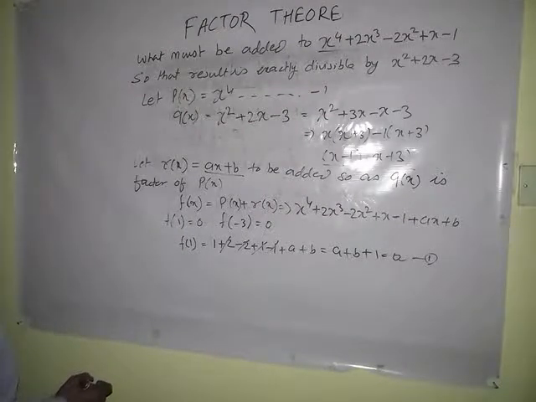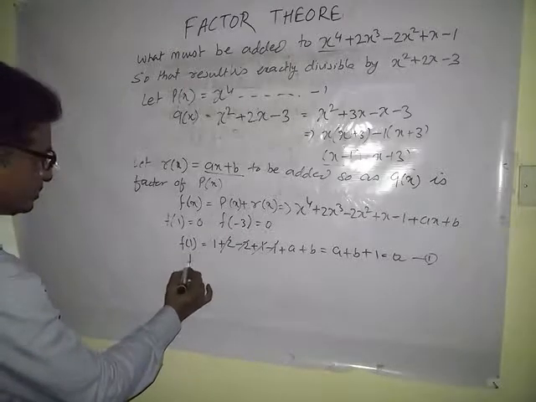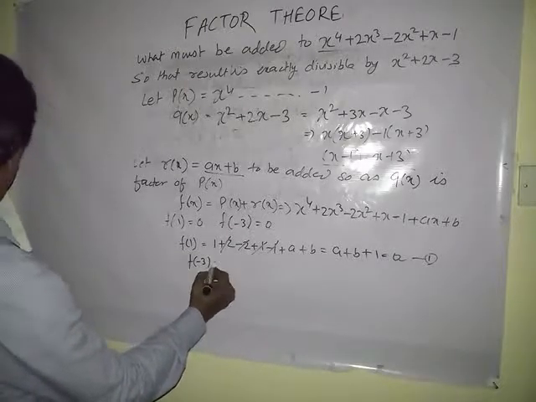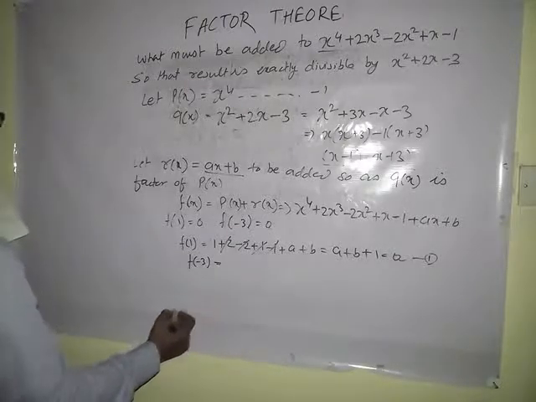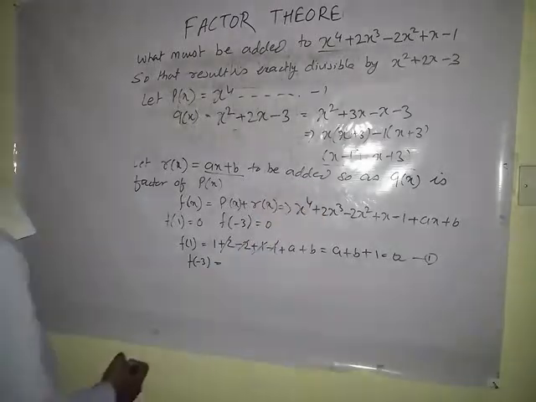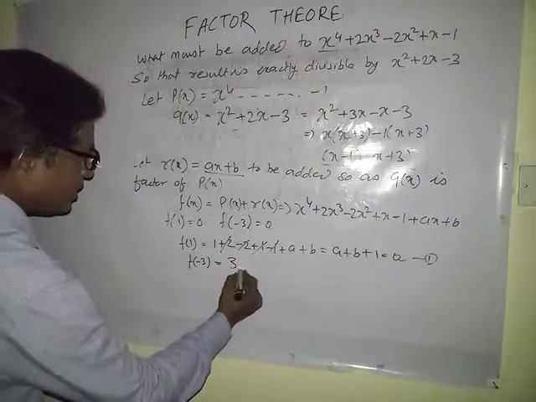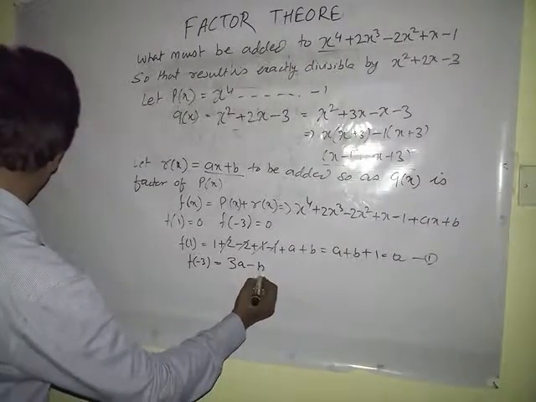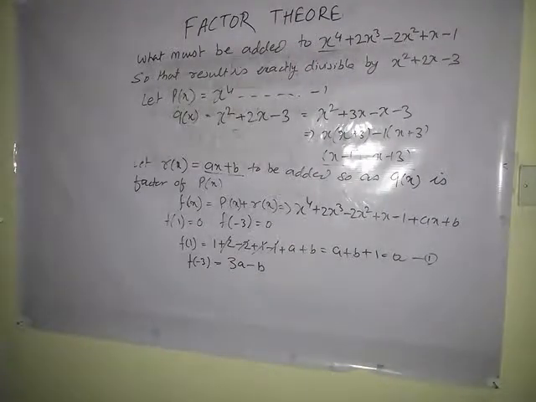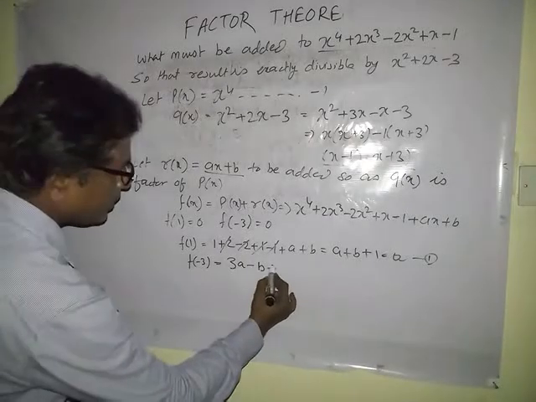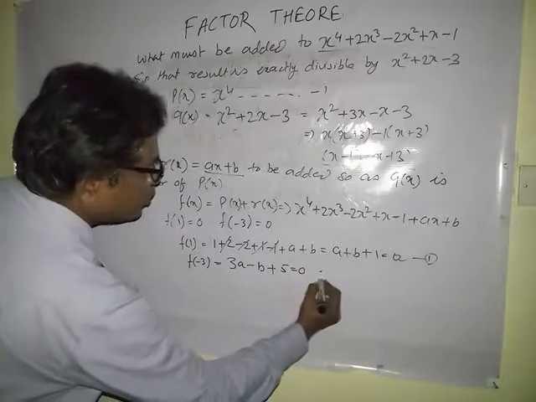Now in the f(-3), if you put this value, you will find the equation 3a minus b plus 5 equal to 0.